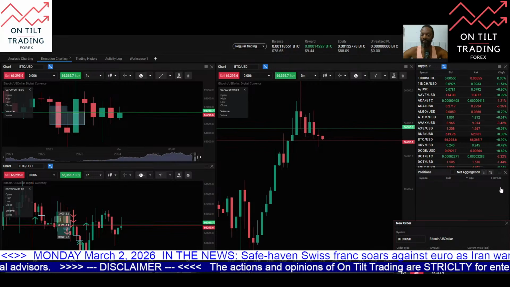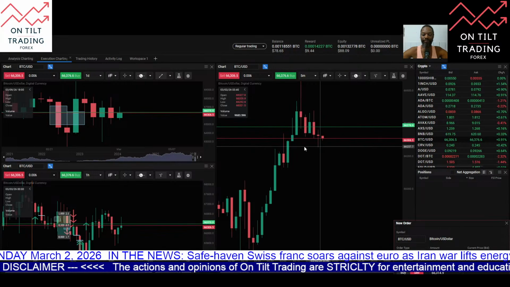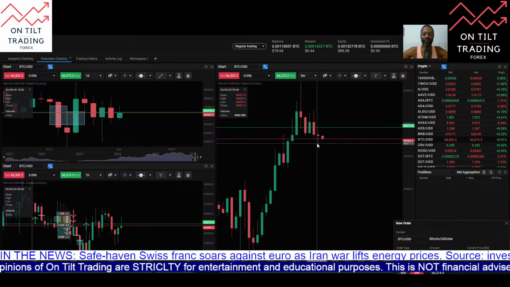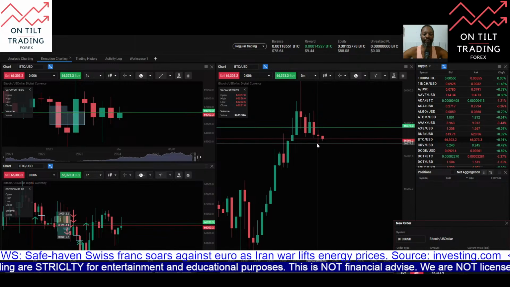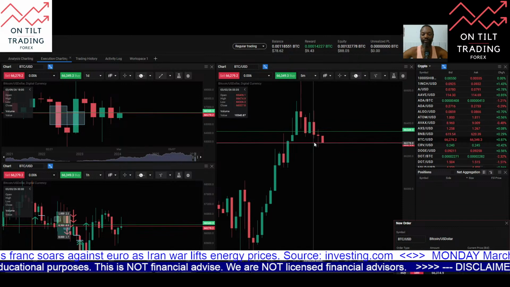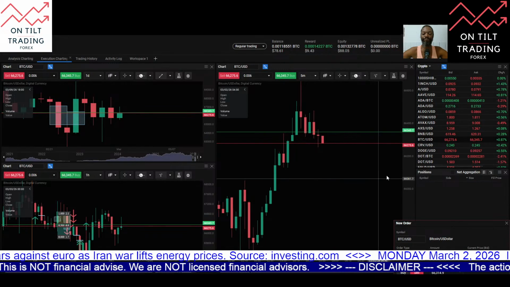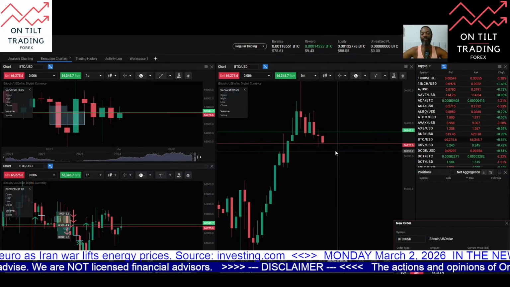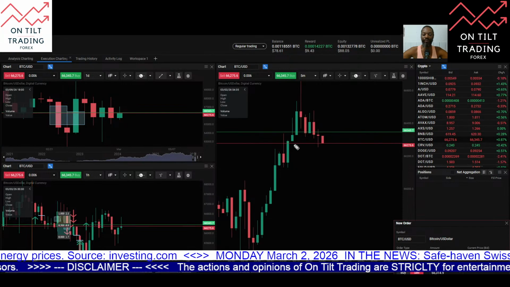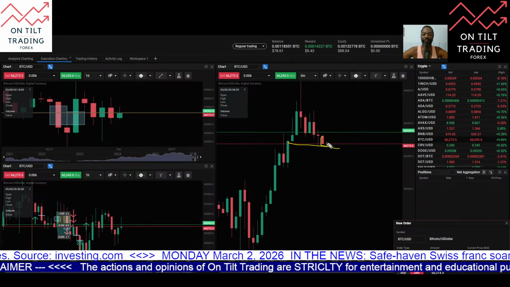Let's double check on that. The low here is 326.6. Where's the close? Okay. So the fair value gap was closed inside of here. So there's a higher probability that price will trade through the fair value gap and disrespect it.